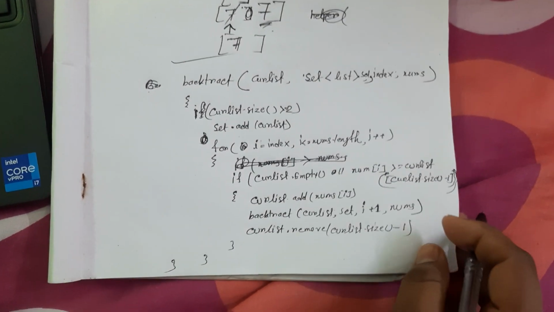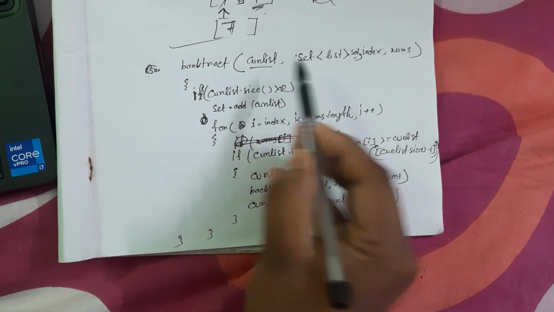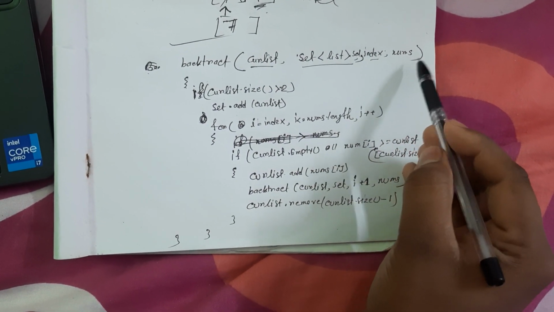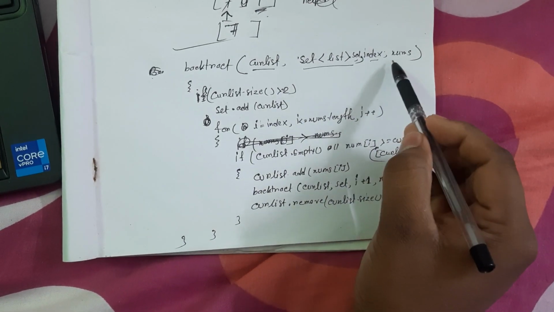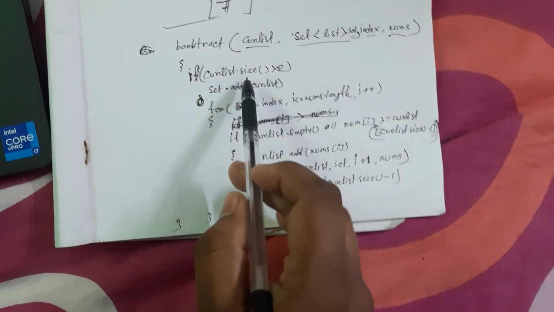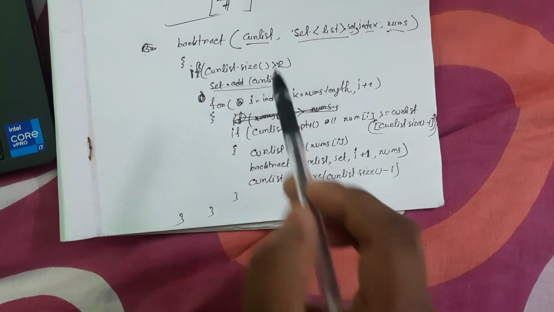I write down the backtrack function, and here you can see that this is the current list, this is our set, this is the index from where we start, and this is the nums array. We check that if the current list size is greater than 2, then I simply add that list to our answer set.